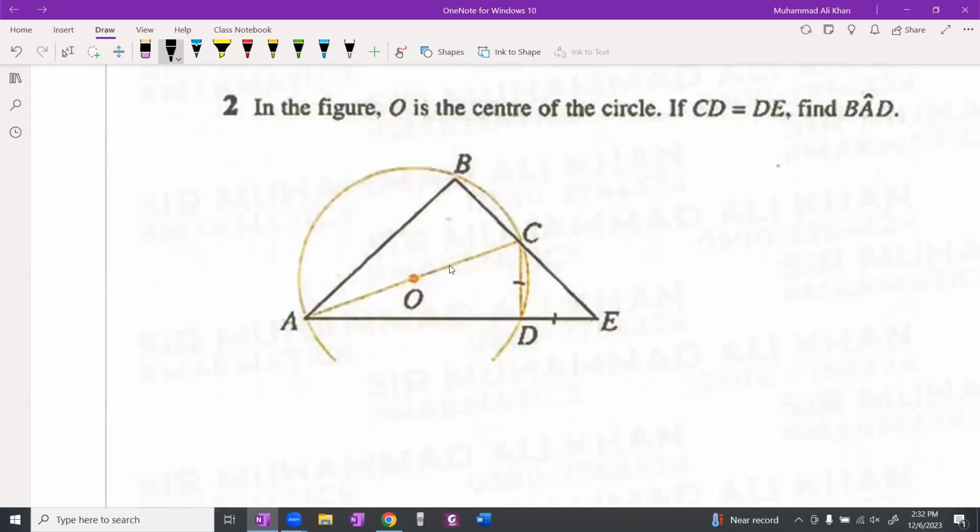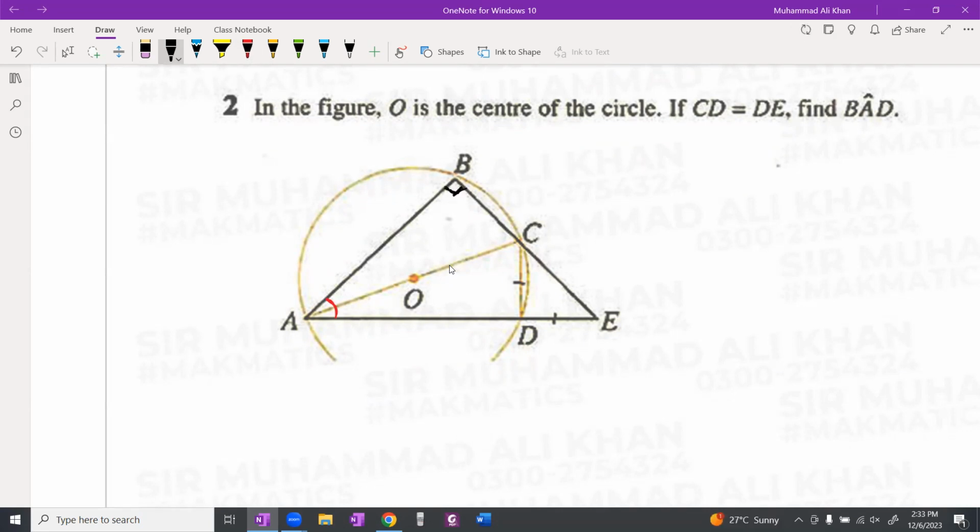Next question. Question number 2. A diagram is here. We have to calculate angle BAD, this angle. अब सुनिएगा. बच्चों, here is an isosceles triangle. CD and D, the both are same. एक चीज तो ये हमें नजर आ रही है, दूसरी चीज AC, O is the center of the circle, so AC is the diameter. So this angle is of 90 degrees.